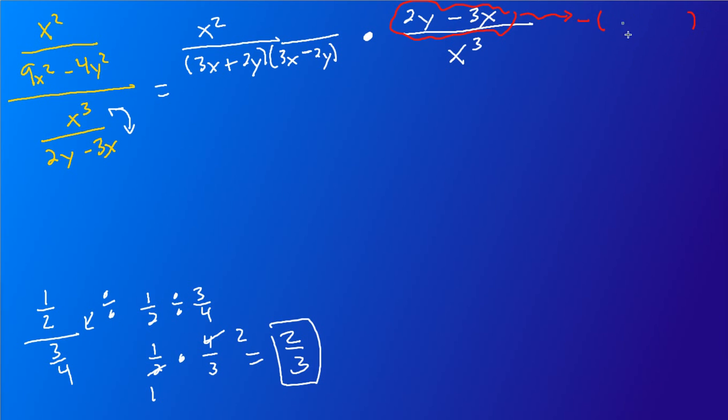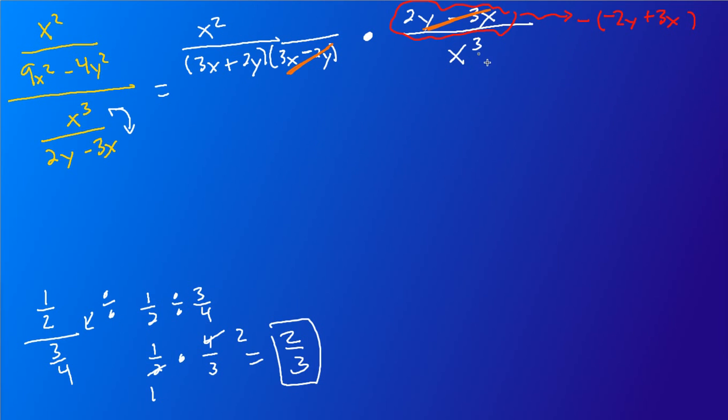I'm going to factor out a negative and make it negative 2y plus 3x. I factored out a negative, which changes the signs. So now that's going to be able to cancel, and it's going to be able to cancel specifically with this one. But I have a negative in front now.